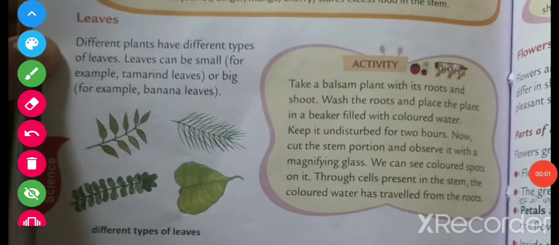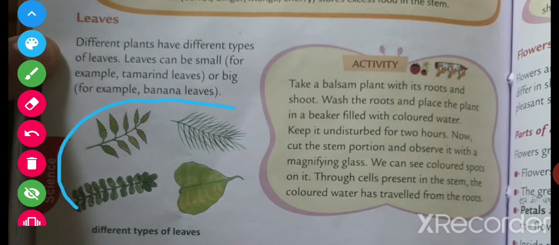We are reading about different parts of the plants. Now we read about leaves. Different plants have different types of leaves. Leaves can be small, for example tamarind leaves, or big, for example banana leaves. Students, when we step out from our home, we see many different types of plants and trees.